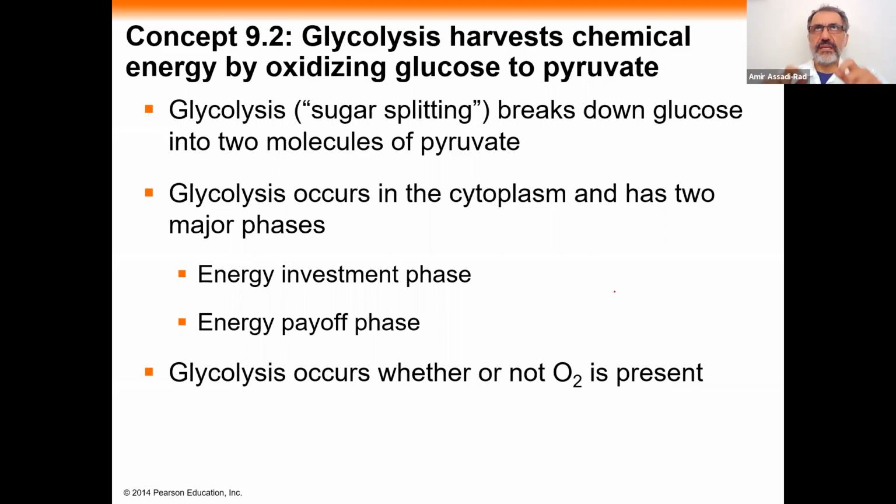If you want to break down a molecule anywhere in biology, you have to spend some energy. Then when that molecule breaks down, eventually it releases more energy than you spent at the beginning. Glycolysis occurs whether or not O2 is present. Glycolysis does not need oxygen.